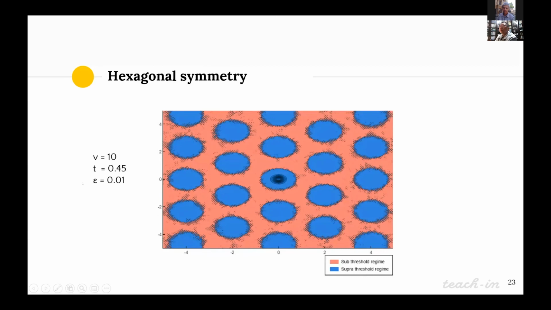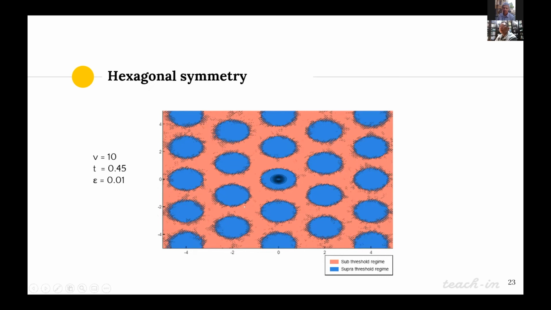So here, now we have just a snapshot at a certain time moment, at the time 0.45, and in the case of the finite velocity, v equals 10. The picture here is not very different from the deterministic case. Well, the deterministic case would be with epsilon equals 0. Here, the level of noise is low, just 0.01. And what this picture shows, the central circle is a high peak that reflects the external signal.